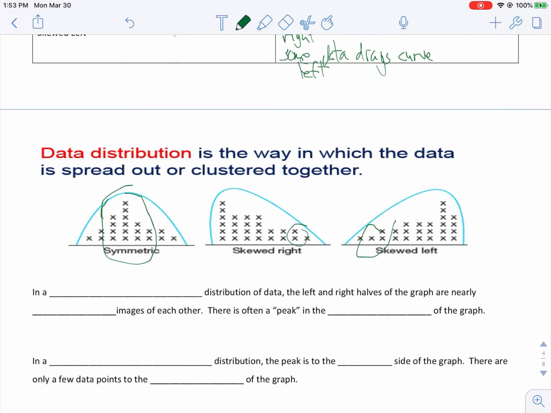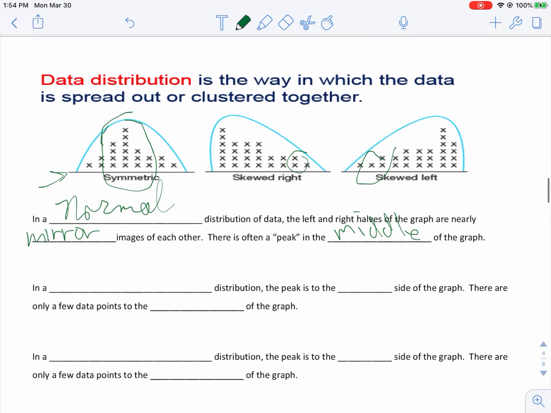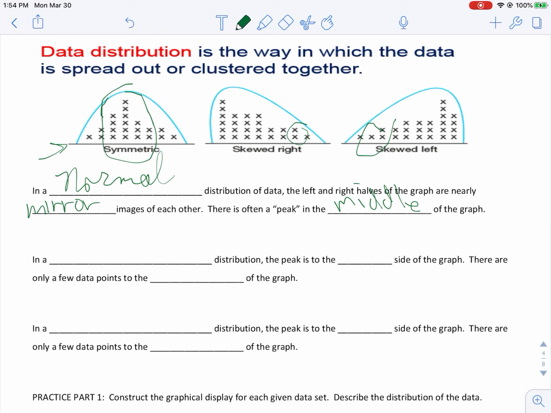It says in a blank distribution, that would be in a normal distribution, that equals symmetric. The left and right halves are nearly mirror images of each other. There's a peak in the middle. And these two are pretty much opposites, doesn't really matter.